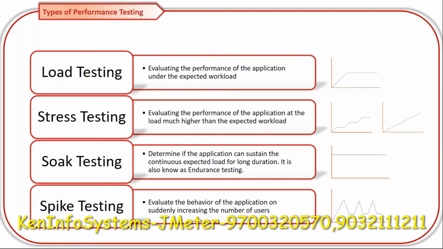And coming to the next type, it is spike testing. Spike testing is nothing but a performance test with sudden increase of load. Let's say again, if we take the e-commerce application.